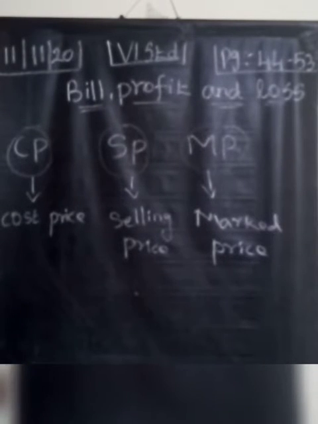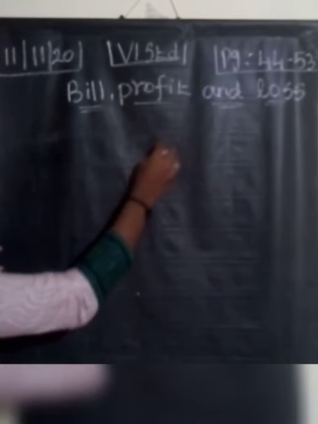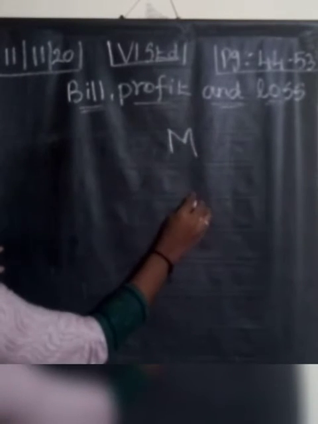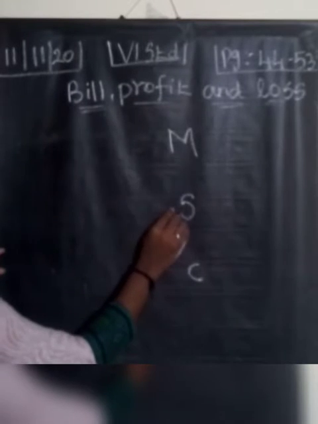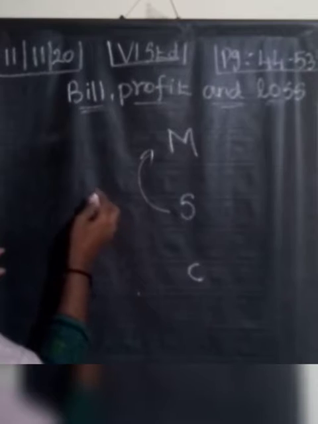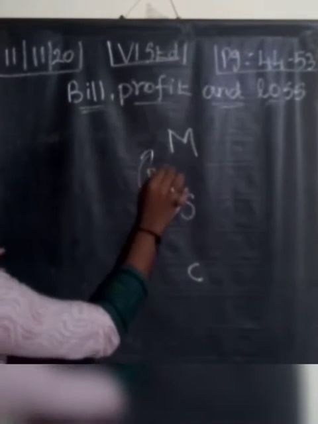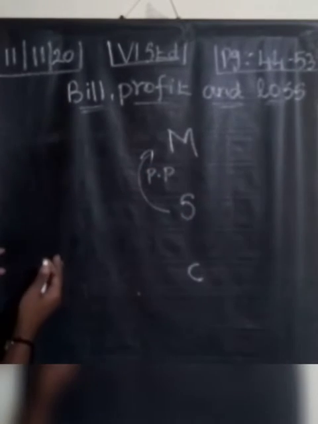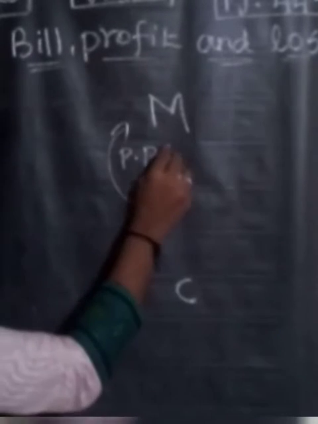Now we have 3 kinds of people: the manufacturer, the shopkeeper and the customer. The shopkeeper buys goods from the manufacturer, and that price is called the purchase price. Along with the purchase price, we spend more money for transportation, wages and so on.